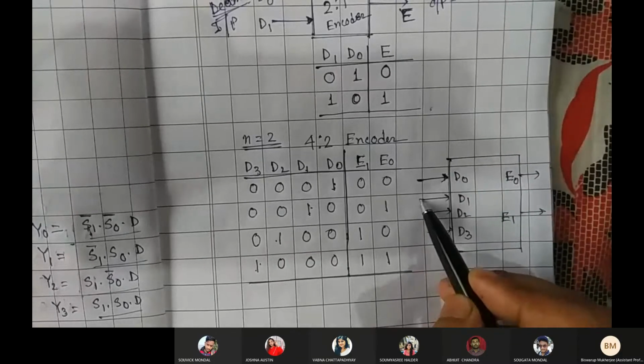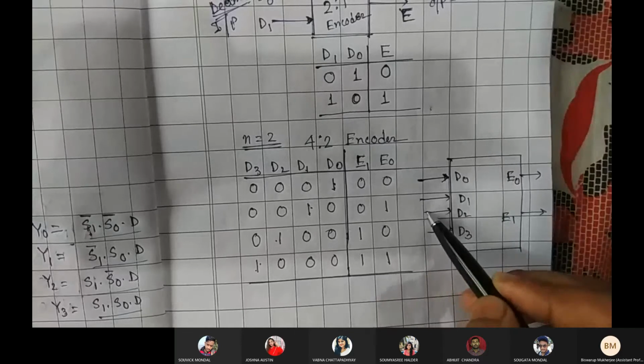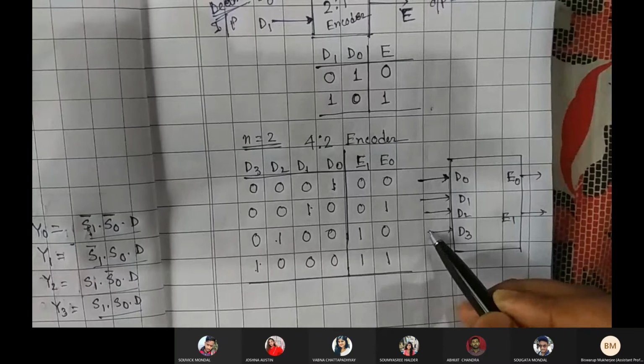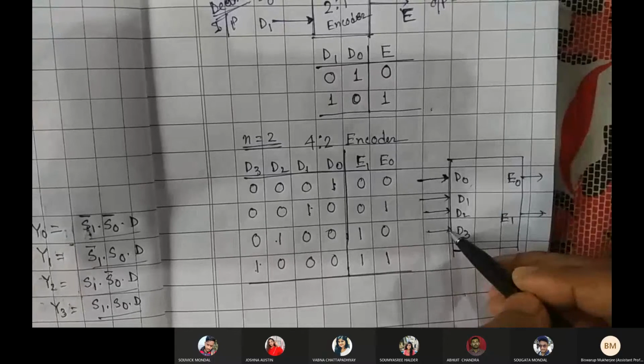This will be high if decimal value 0 is there. This will be high if decimal value 1 is there. This will be high if decimal value 2 is there. And this will be high if decimal value 3 is there. So you can imagine, this is for 0, this is for 1, this is for 2, this is for 3.